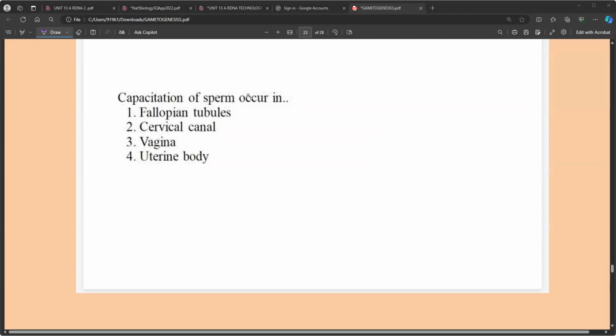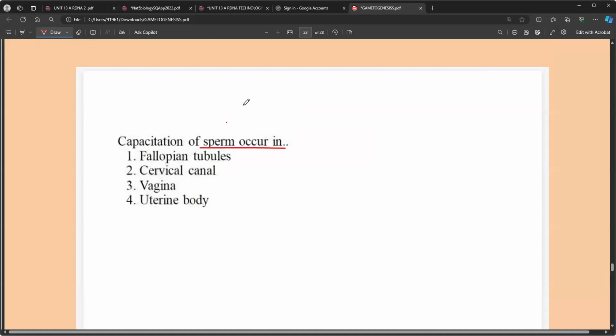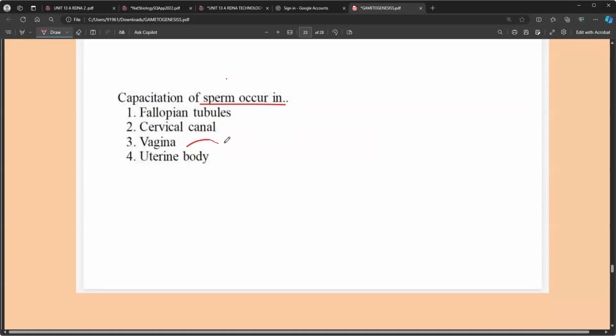Ritika, I'm telling you, I'll send you to the 11th standard. As the day progresses, you're always forgetting things. Just now I told you, right? Capacitation only occurs at a specific area. Correct? So actually, the sperm enters via the vaginal cavity.